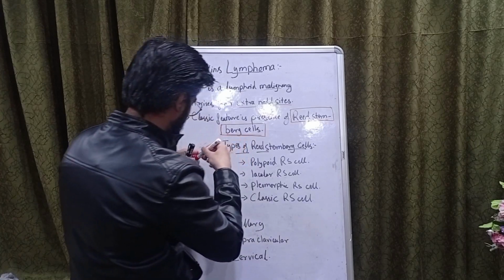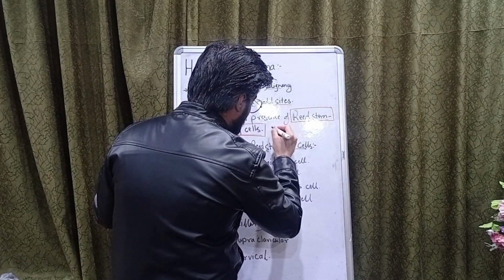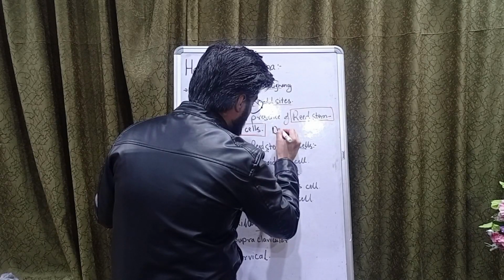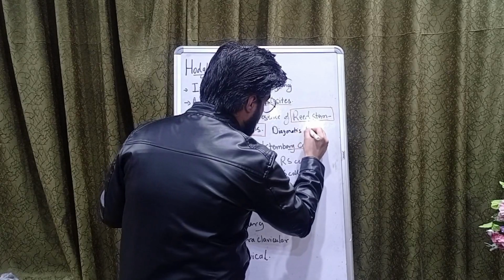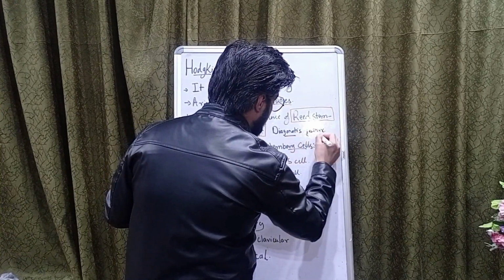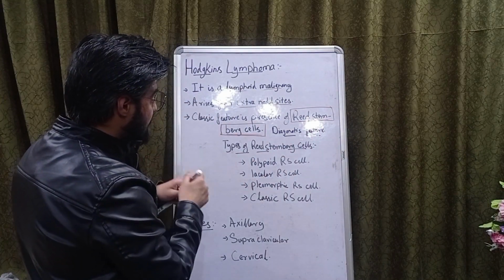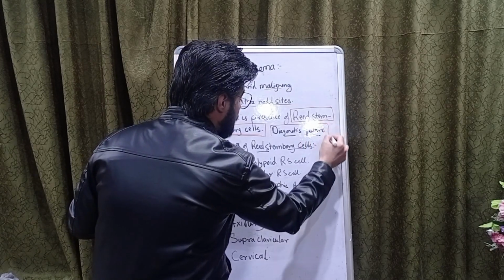My dear friends and viewers, remember it throughout your life. The presence of Reed-Sternberg cells is the most important diagnostic feature for Hodgkin's lymphoma.